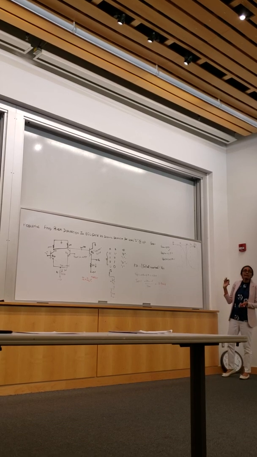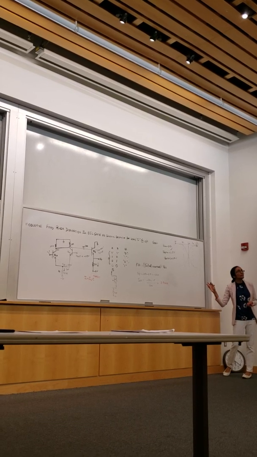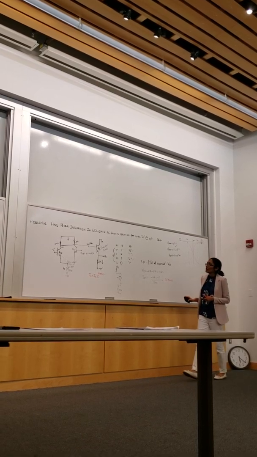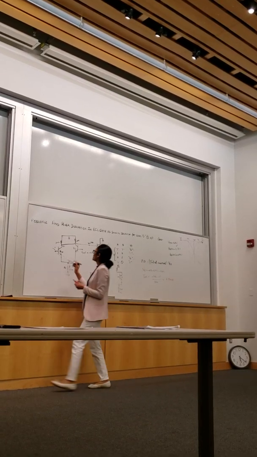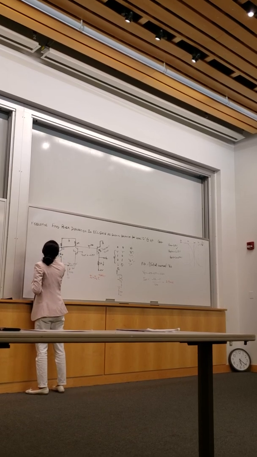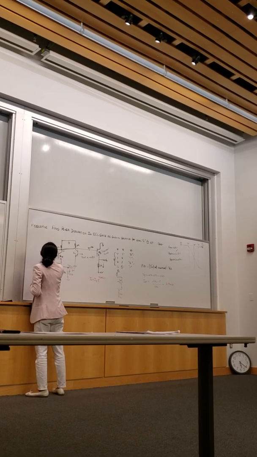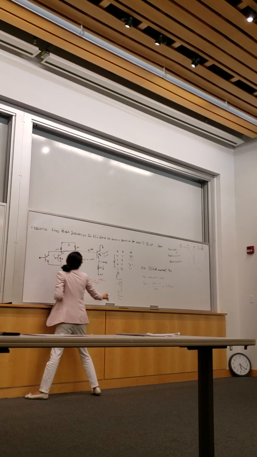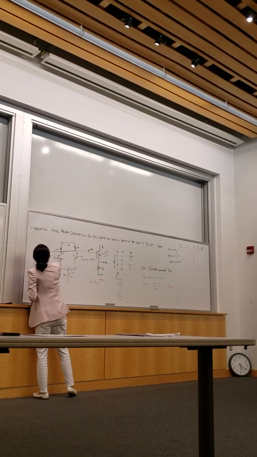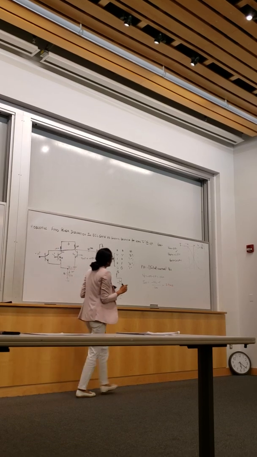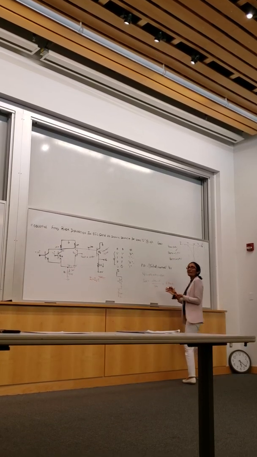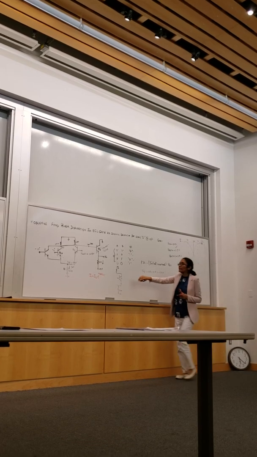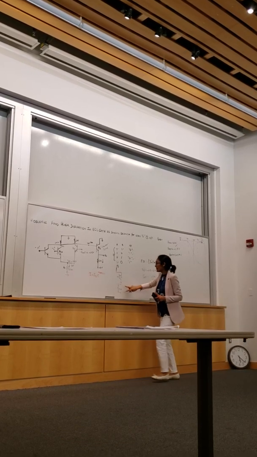Alright, so I'm getting back to the problem. You guys follow this now? This was logic high. Okay, so we have to find the power dissipation in this gate for logic 0 at the output. We need this current and we need this current, right?